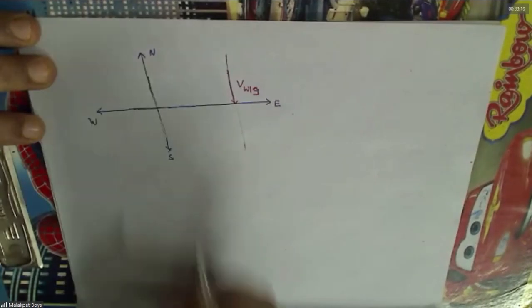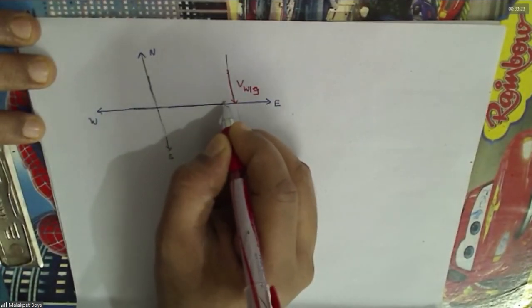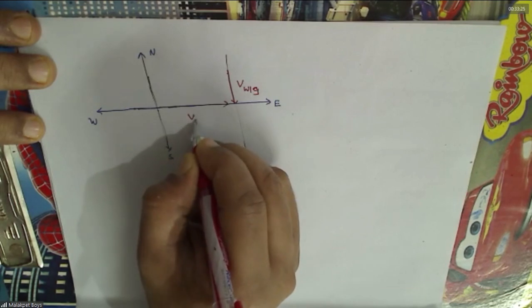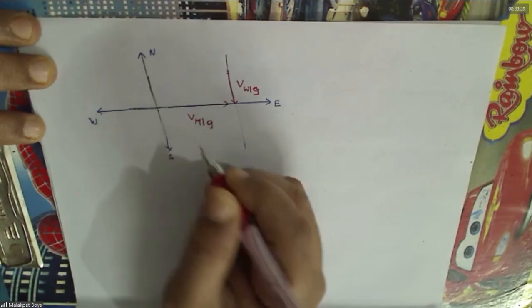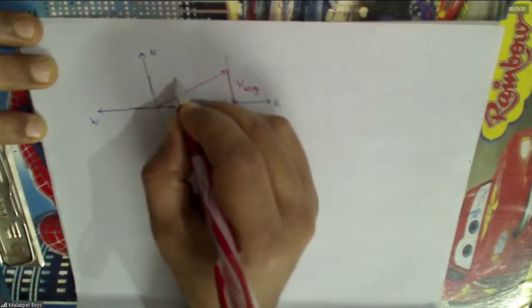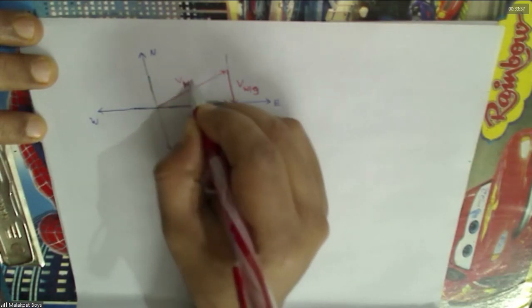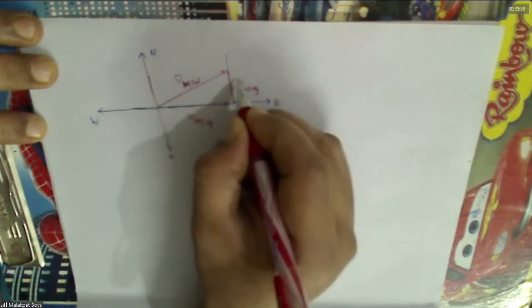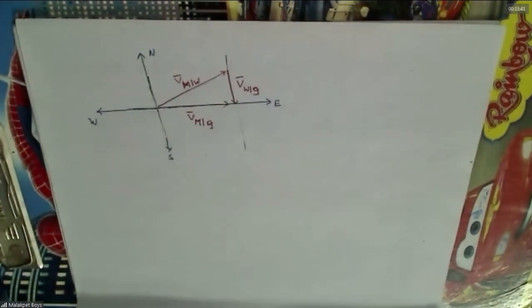Now what that fellow wants is that velocity of boat or man with respect to ground should be this. That means this is the other vector. If he swims with respect to water like this, it will add up and he will reach this. Understood this diagram?